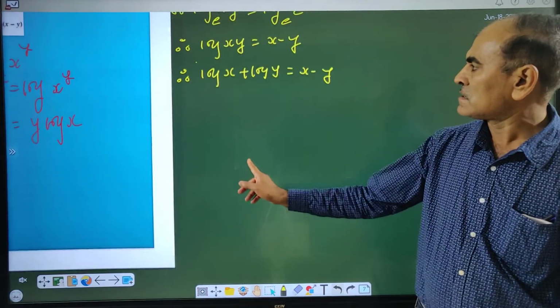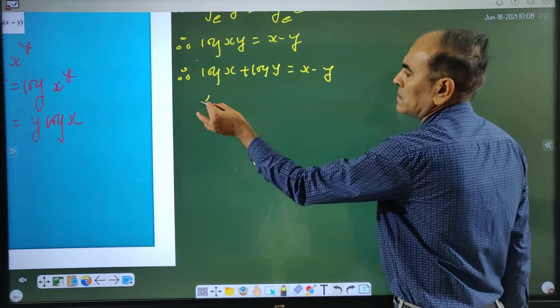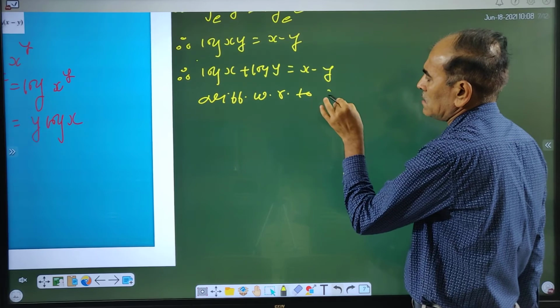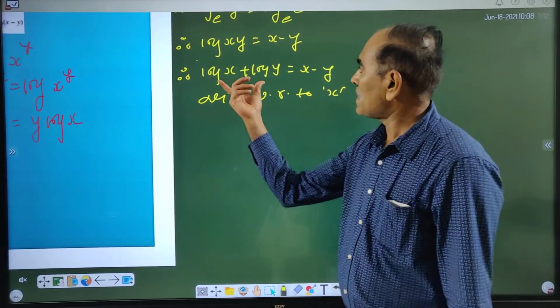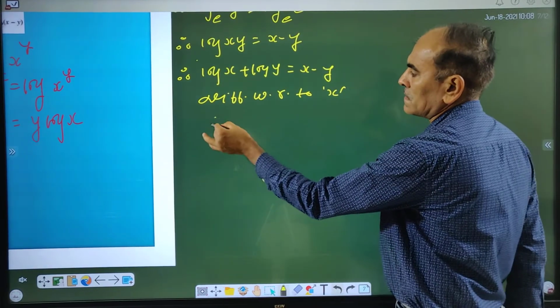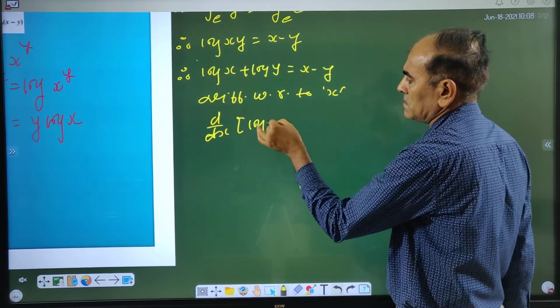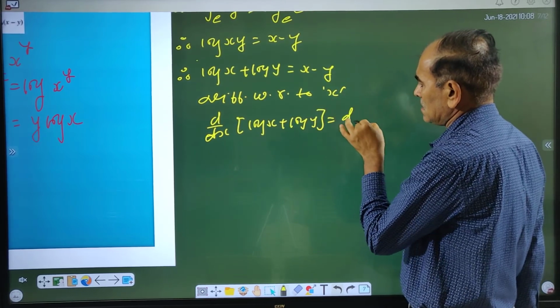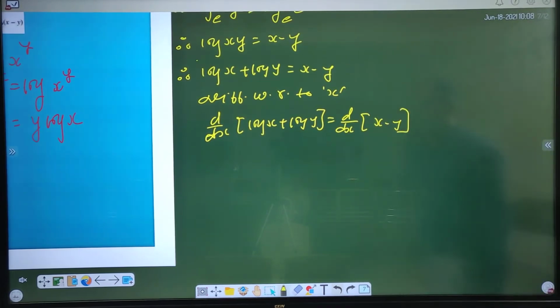Now it is very easy to differentiate it. Apply that rule. Differentiate with respect to x on both sides. So what we need to do? Take d by dx on both sides. So d by dx of log x plus log y is equal to d by dx of x minus y.